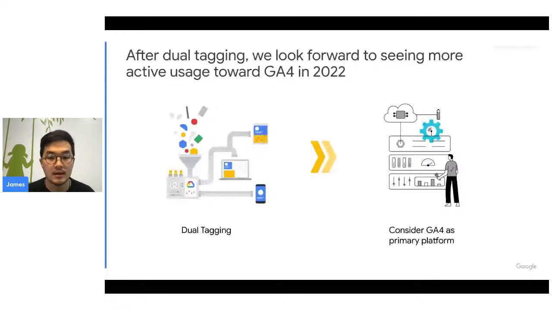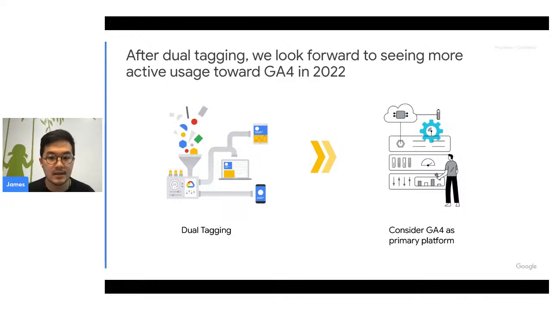Next year, we are going to do more intensive work on integrating all the features into GA4. We are also trying to migrate more and more usage to GA4 so that customers can consider GA4 as a primary analytics platform, which means we are still not asking our customers to remove their existing classic GA tags.